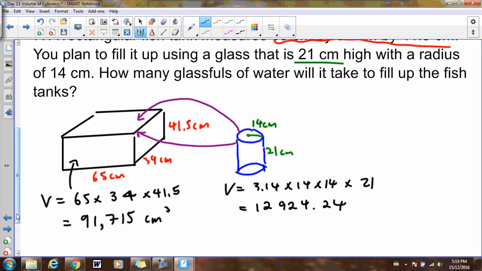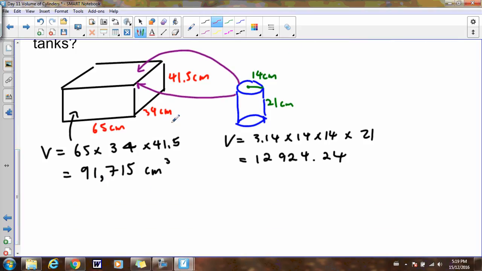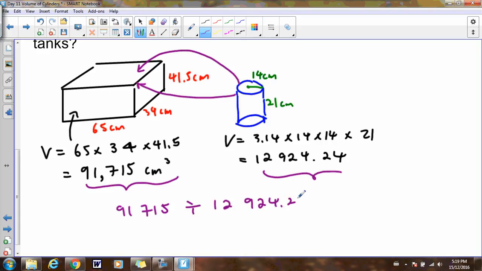So that's a whole number. Okay, and so finally, we're going to find out how many glasses of water you need to fill the tank. All you have to do is take this volume right here, 91,715, and divide it by this volume here, which is the volume of the glass, right? 12,924.24.